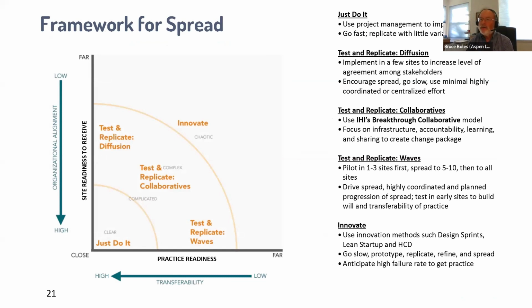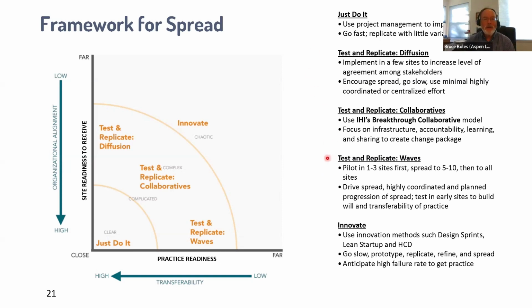If we have a fair amount of readiness in the practice, but it's not to the point where we know it's going to work everywhere, we may want to do something along the lines of replicate using waves.